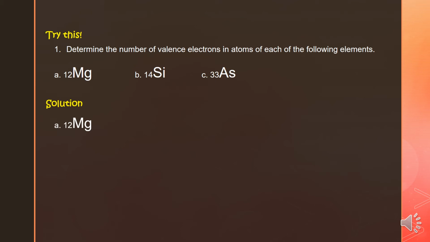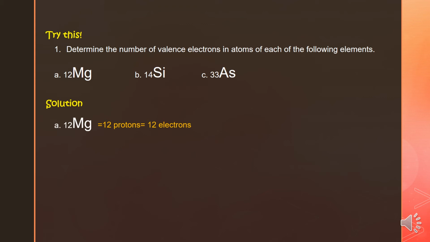If it were a superscript, it would be the mass number. But in this case, 12 is the atomic number. From our previous lessons, the atomic number is equal to the number of protons, which is also equal to the number of electrons. So take note that we will go over the electron configuration in order to determine the number of valence electrons.